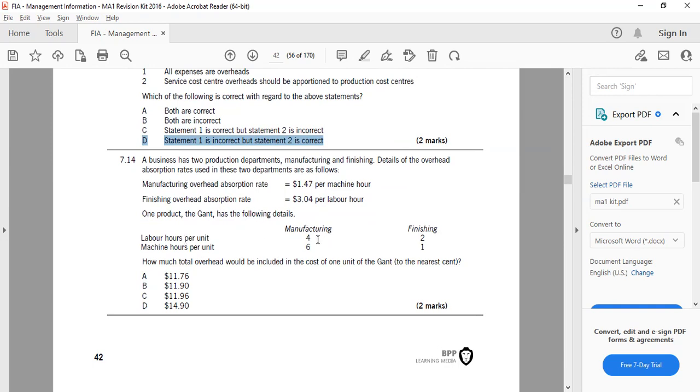Labor hours per unit: in manufacturing, the labor spends 4 hours and in finishing 2. Machine hours: 6 machine hours are worked in manufacturing and 1 machine hour in finishing. How much total overheads would be included in the cost of 1 unit of the Gantt to the nearest cent? A, B, C, D. Please check this and then first let me know how you are going to approach this question.